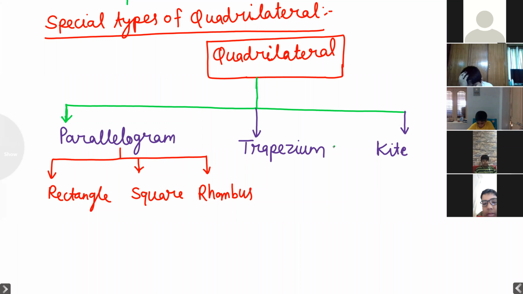Quadrilateral has three types: parallelogram, trapezium, kite. Again, parallelogram has three types: rectangle, square, and rhombus.